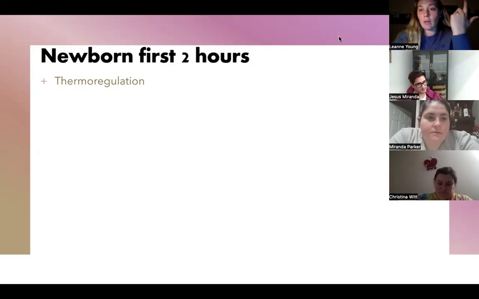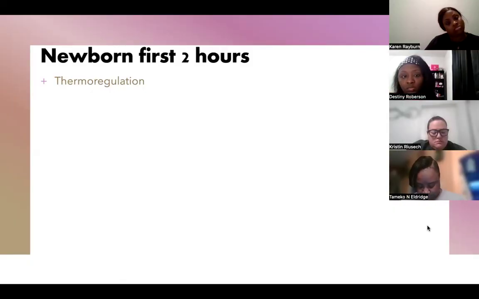We need to make sure that they're warm, that they have on appropriate amounts of clothing. This is really important also to educate specific patients on. So, like when I worked in Amish country, or I still work with the Amish, we have to tell them because they don't have air conditioning, they don't have heating, right? So we tell them whatever layer that you have on, you can add one more layer to the baby's clothing, but we don't want them to overheat, right?